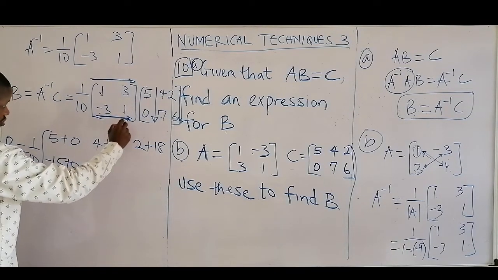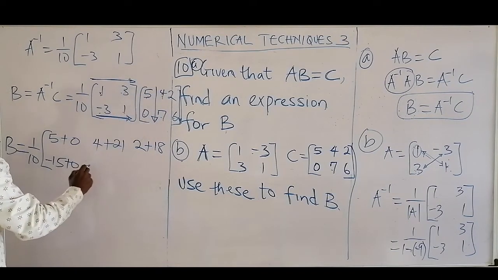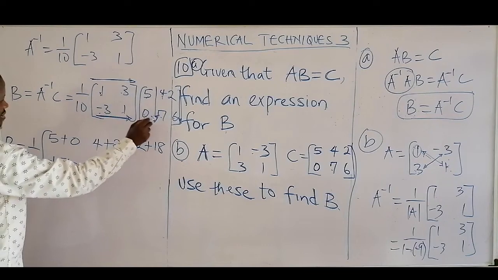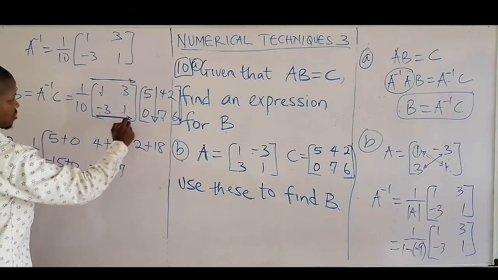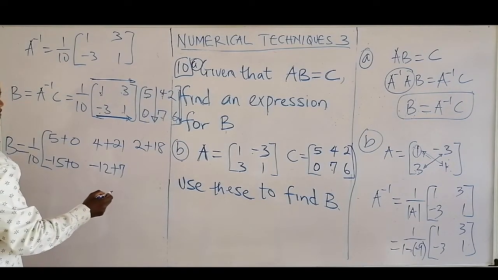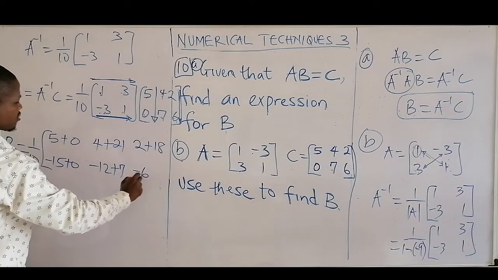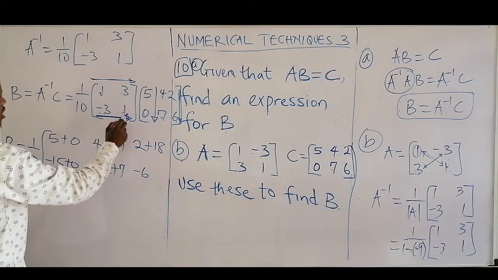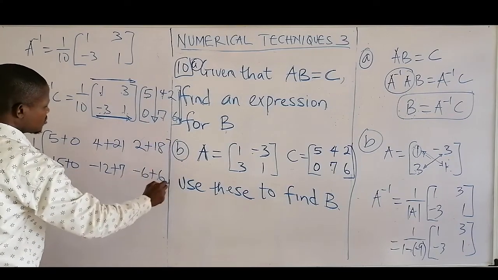This same row also times the second column, that will be minus 3 times 4, that's minus 12, 1 times 7, that's plus 7. Do the same thing also. This same row times the third column, that will be minus 3 times 2, that's minus 6, 1 times 6, plus 6.